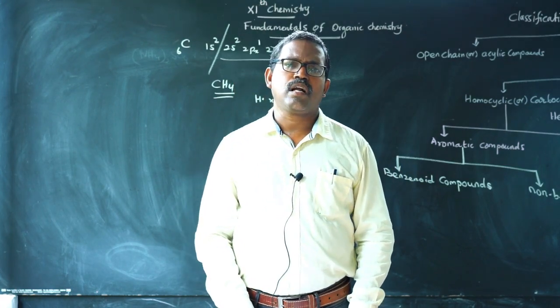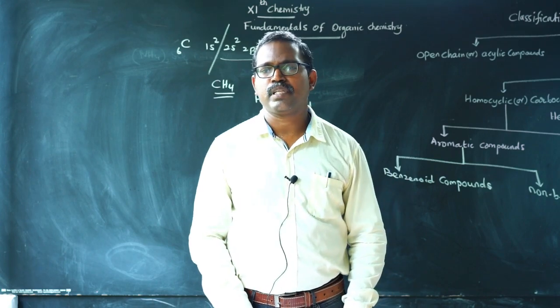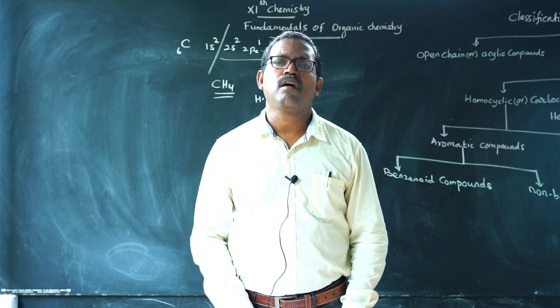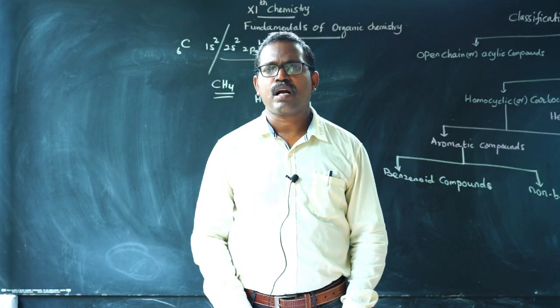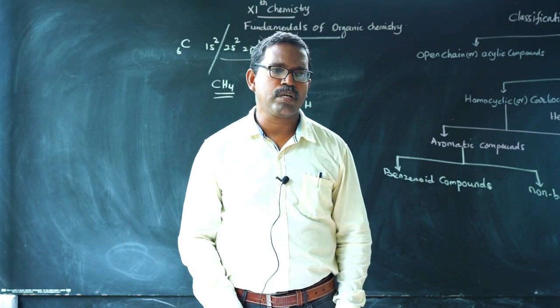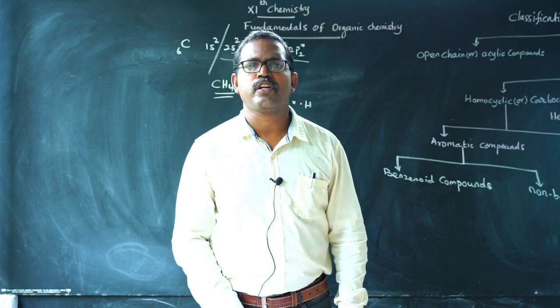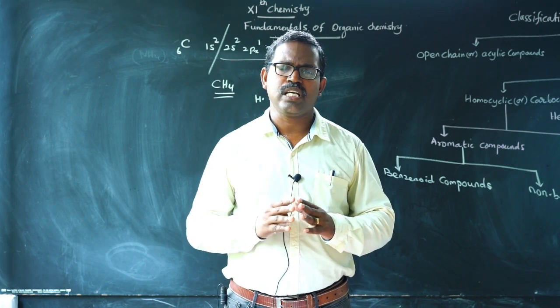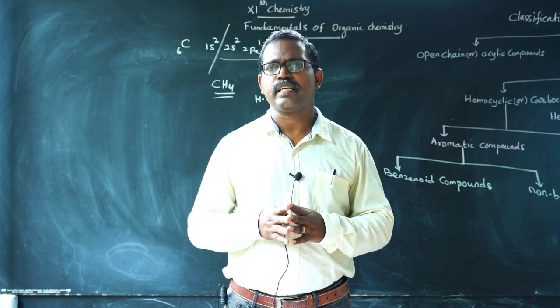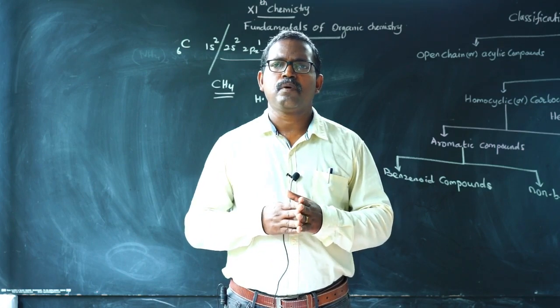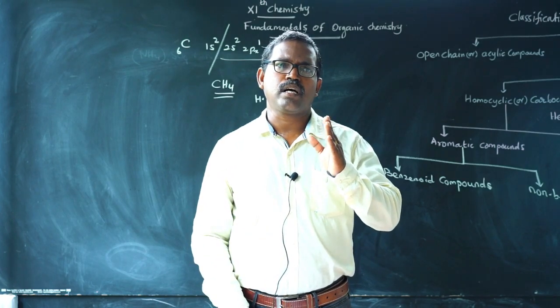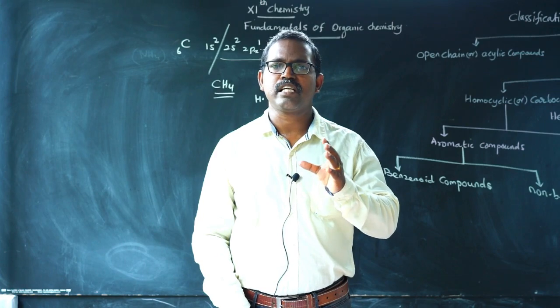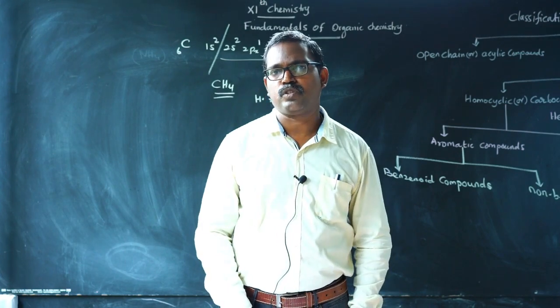Organic compounds are highly inflammable, except carbon tetrachloride. You know flammable, inflammable and non-flammable. What is inflammable? Inflammable means easily catches fire. Therefore, these compounds easily catch fire, hence they are called inflammable compounds.